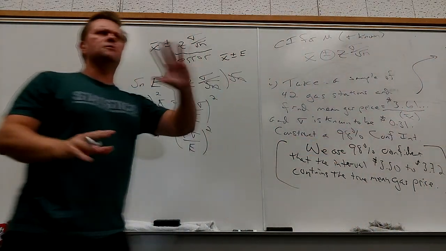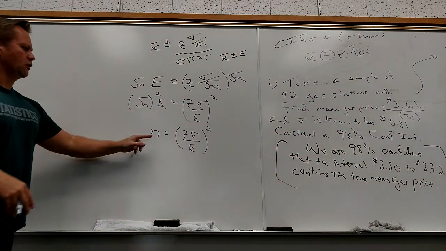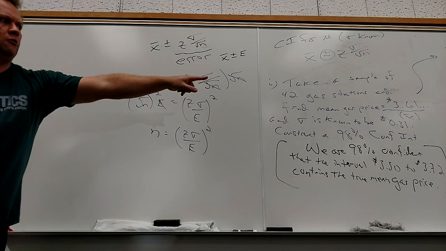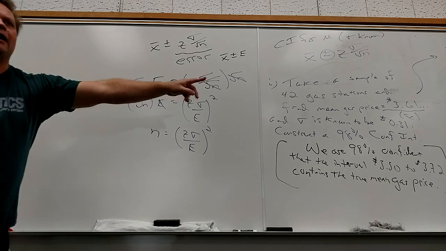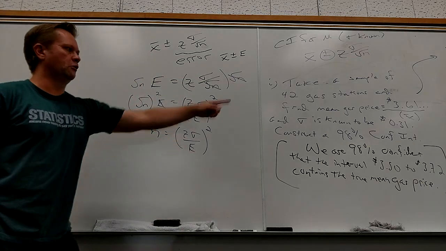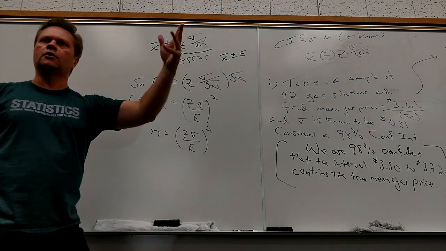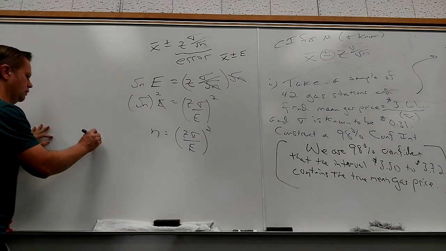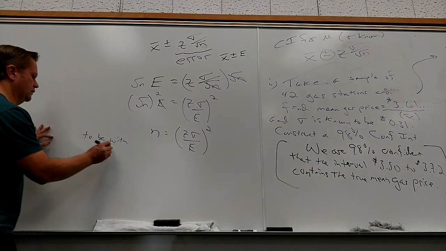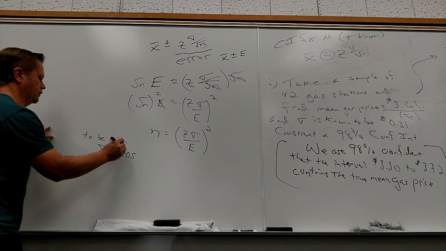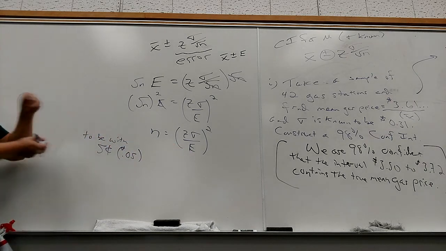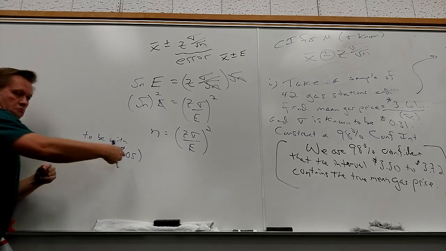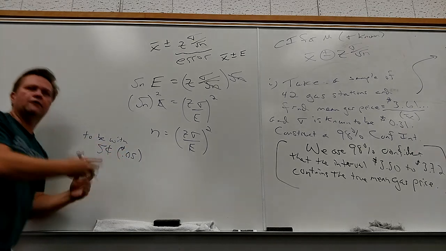So the biggest mistake people make is, I'll say something like, how large of a sample do I need in order to be within 5 cents? 0.05. And people just put 0.111 in there because they say E is that. No. To be within 5 cents, or $0.05, what's E going to be then? 0.05.